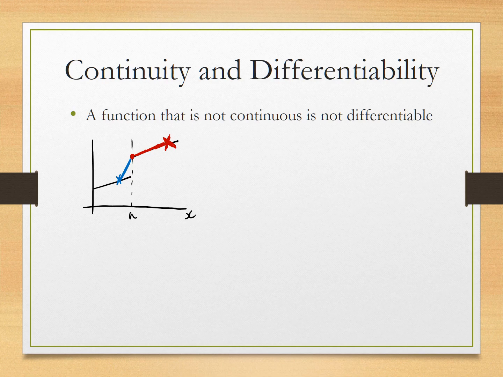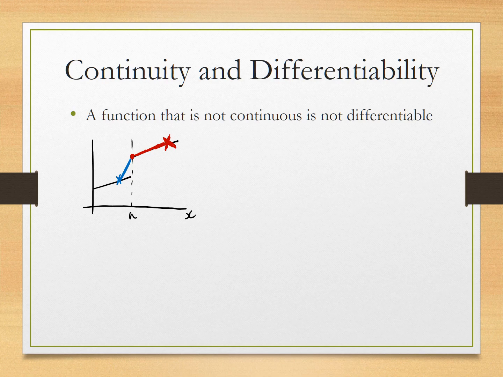Even though, in this example, I intentionally drew the two sides to have the same slope, that's not what the derivative is. The derivative is the approximation of the two-point formula, with one of the points being the point you're interested in. And if there's a break at the point you're interested in, then one of the approximations is going to be something very different, even if the two lines have the same slope.